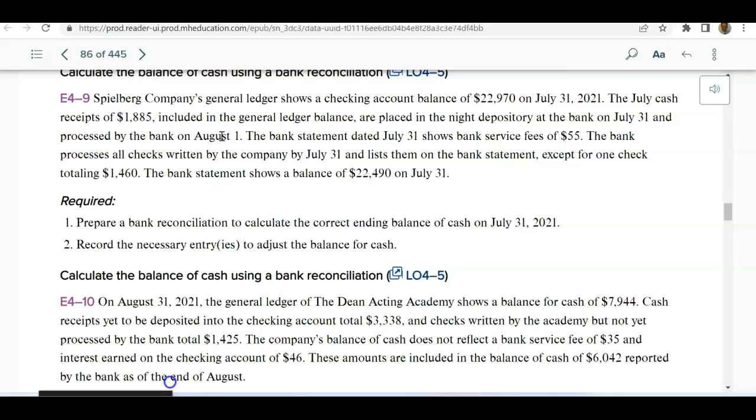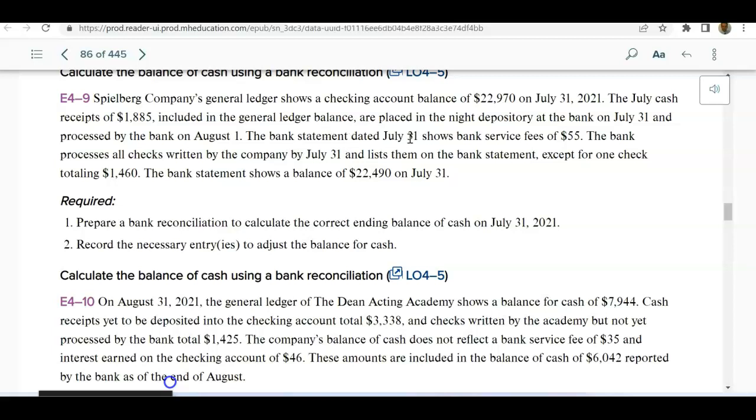It will get updated on August 1st, but that's already next month. So in the bank statement, you will not see such a deposit, and we call it deposit in transit. You did your bookkeeping properly. So it's not about your bookkeeping, but about the bank statement not showing such a deposit.